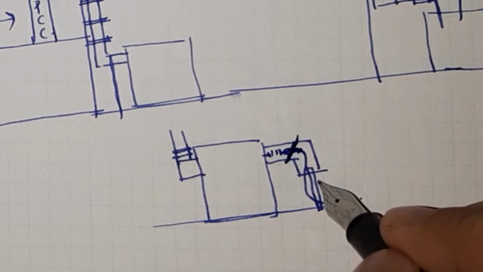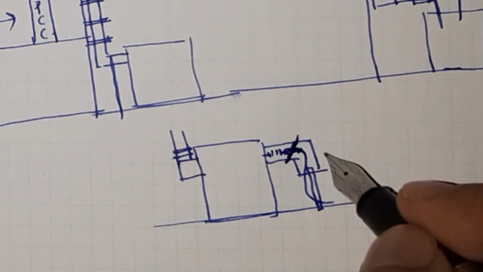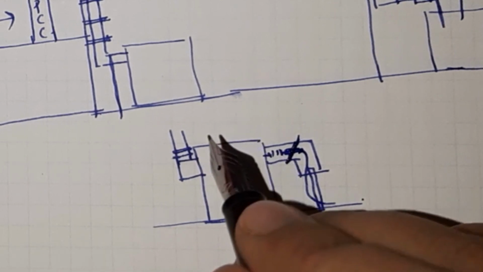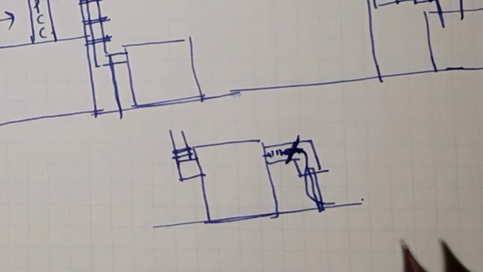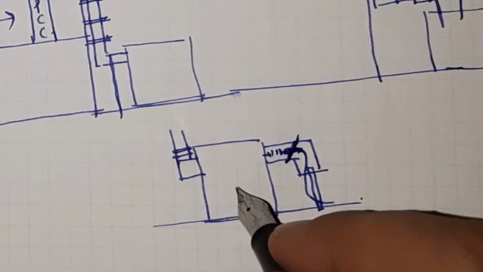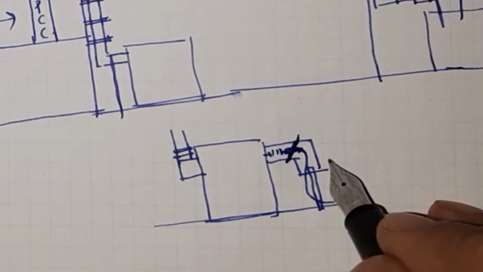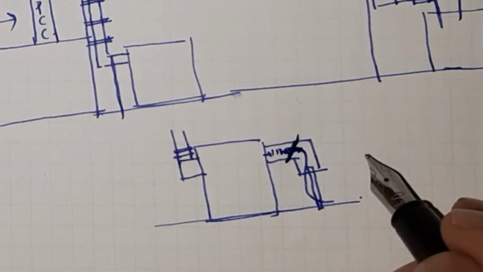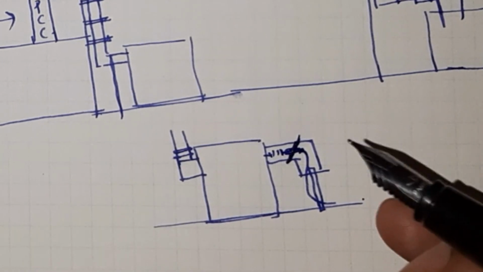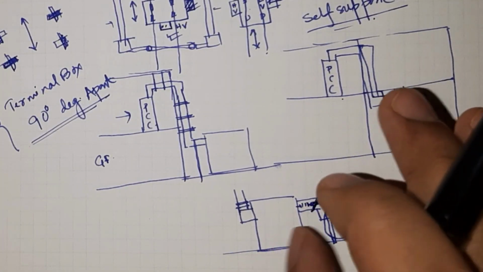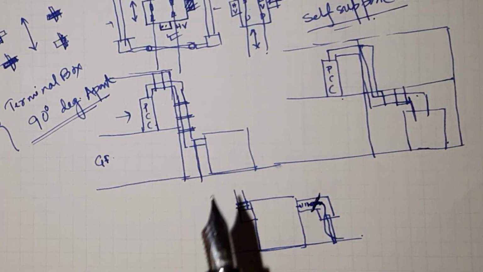The cable box will remain as it is, connected with the terminals, and the transformer will be taken out. When you need to reinstall the transformer, you place it here and simply connect this portion. So this is the function of a self-supporting cable box, and by this you can remove the transformer without dismantling the cable or without opening the cable termination.